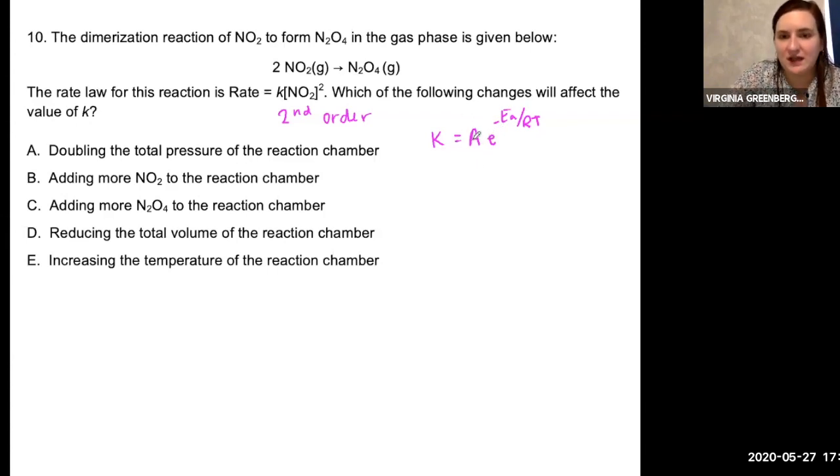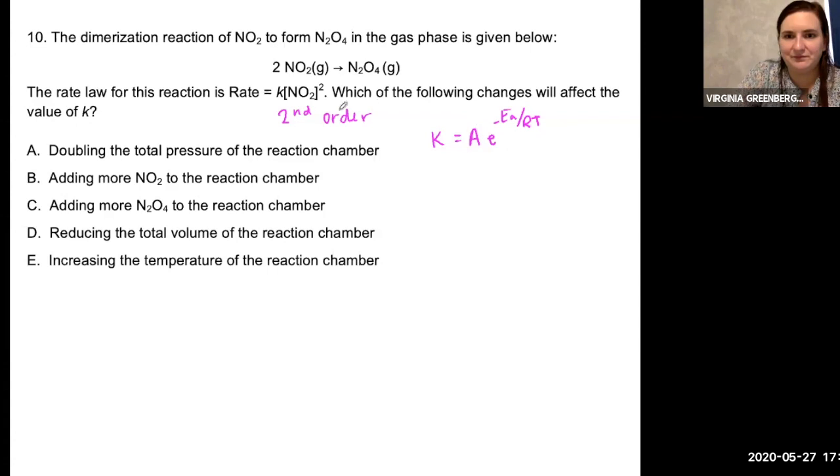So changing A would change K, but we're not really going to look at that in Chem 112. If you go on and take a biochemistry class, you'll definitely look at it. And then here we have activation energy, R and T. So let's look at this. Would doubling the pressure of the reaction chamber affect K?